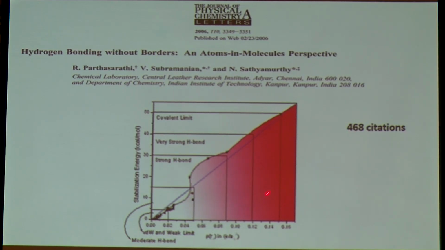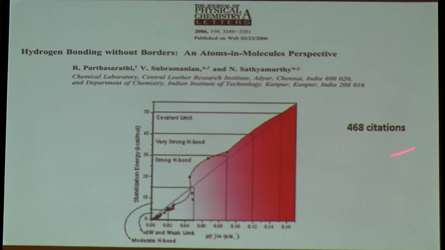So he classified the entire spectrum of hydrogen bonds, from the weak van der Waals region, just below 1 kilocalorie per mole, to the covalent limit. This is a beautiful illustration of the hydrogen bonding spectrum.